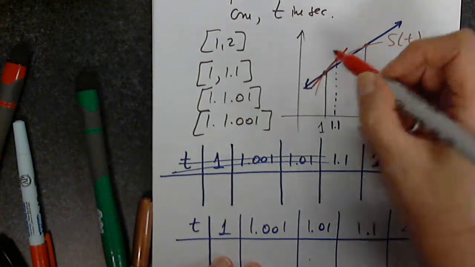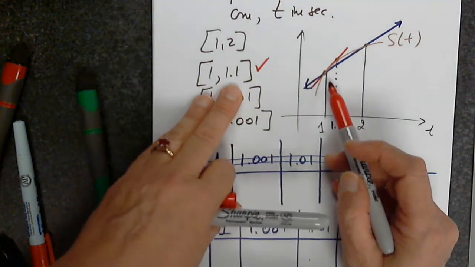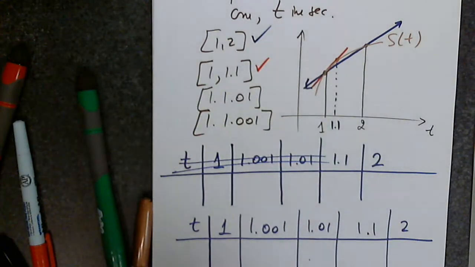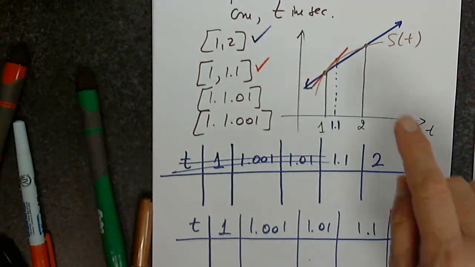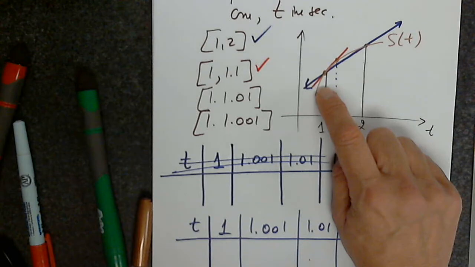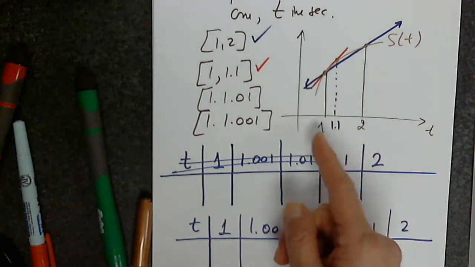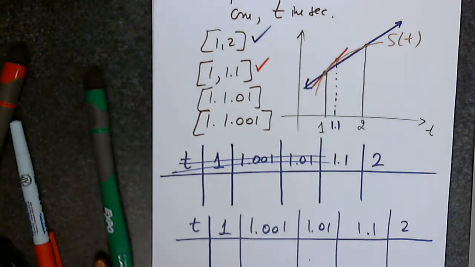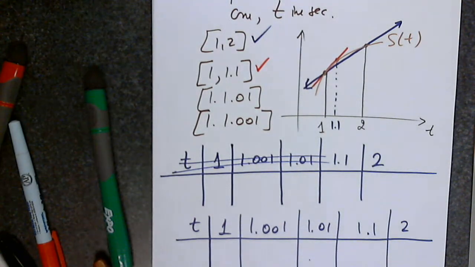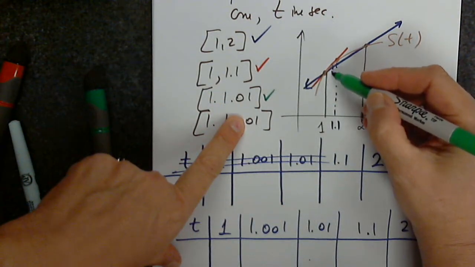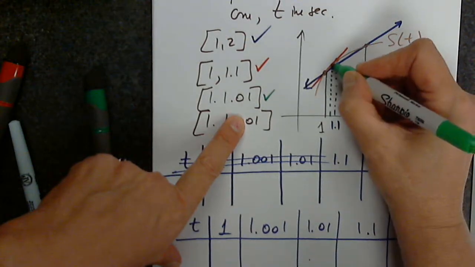How will I determine this one? This is the second one in red. The first one is in blue. How will I determine this one? S of 1.1 minus S of 1 over 1.1 minus 1. Perfect. Now I will be determining what? The next one in green, which is much closer, and it will be this point.